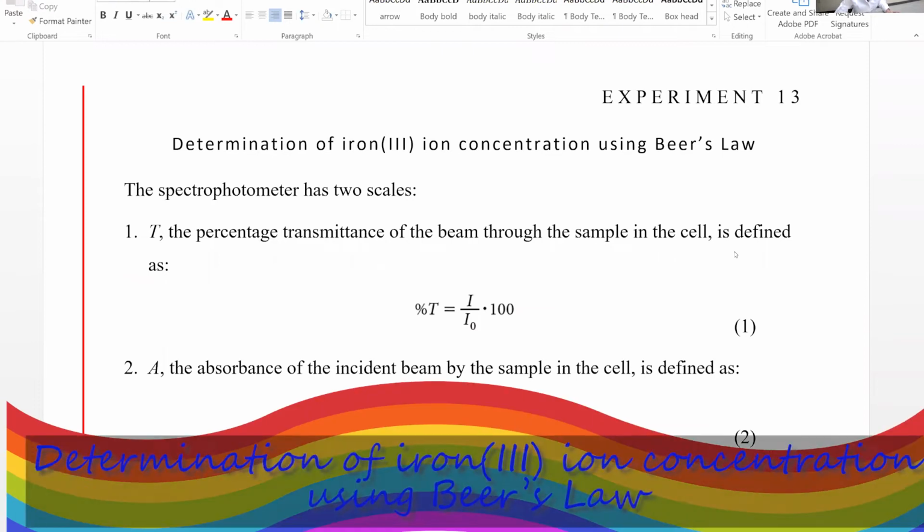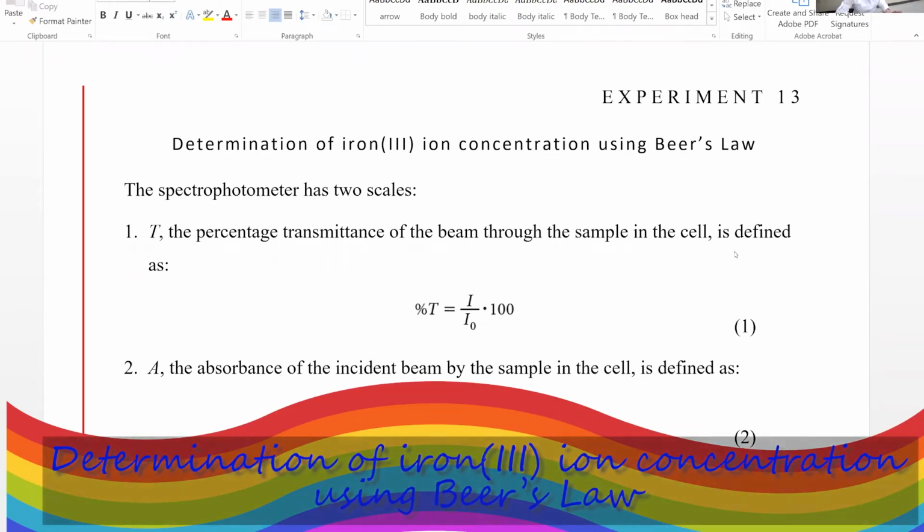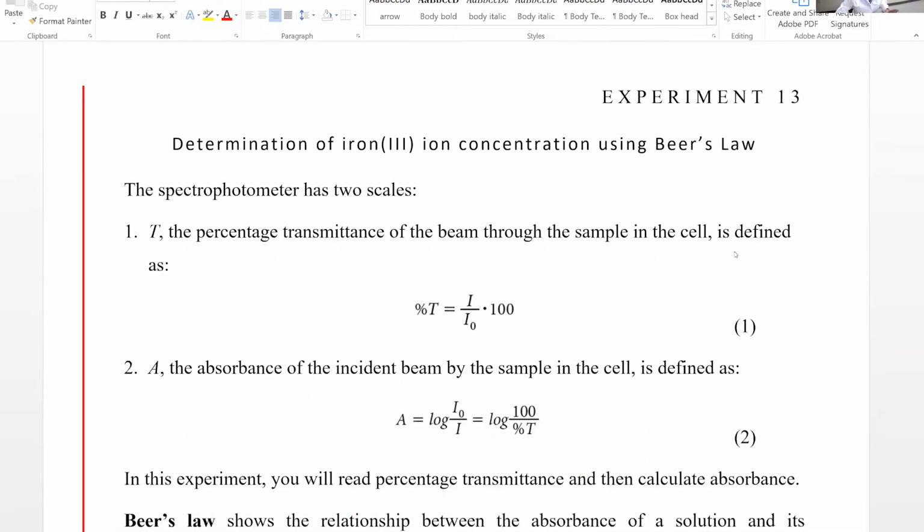Our last experiment is the determination of iron(III) ion concentration using Beer's law. Based on Beer's law, we have to use spectrometry.